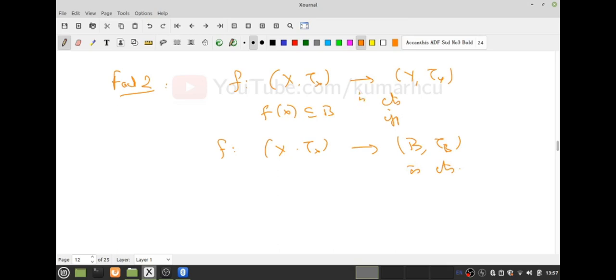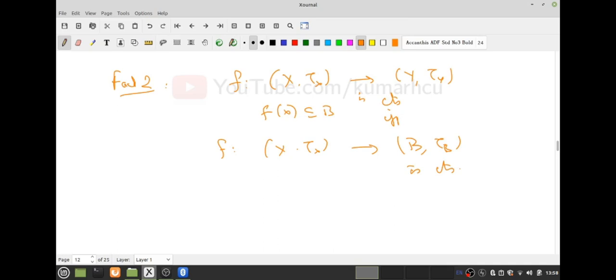Very, very beautiful. If I want to check continuity, remember B has the subspace topology, so I have to check continuity of f from X to B. But what it says is, don't worry, think of it as a map from X to Y, but taking values only in B. If you know the continuity of f from X to Y, then you are through.